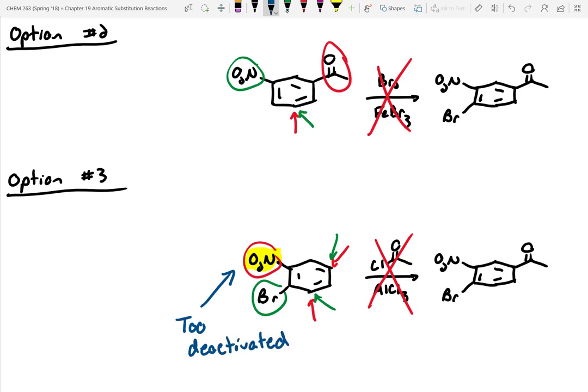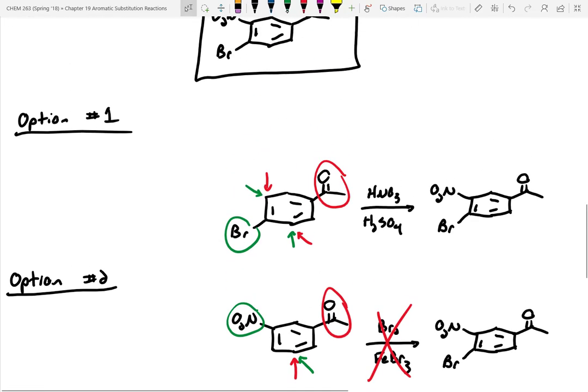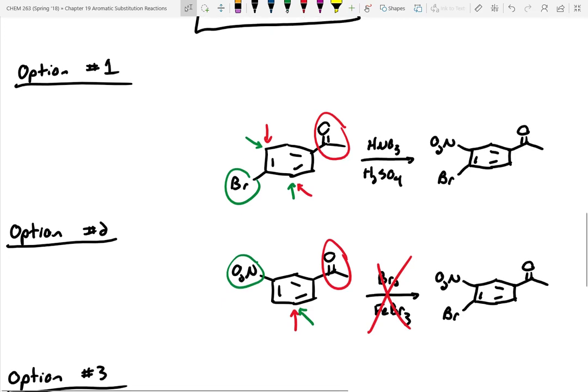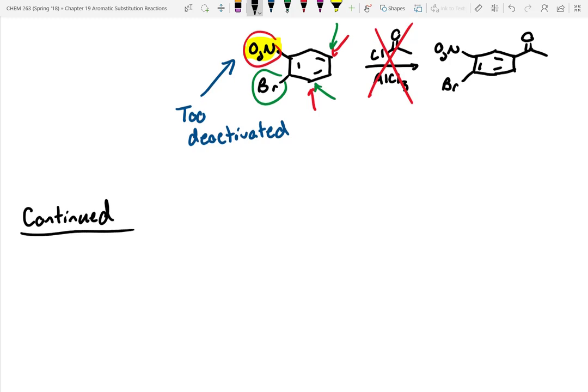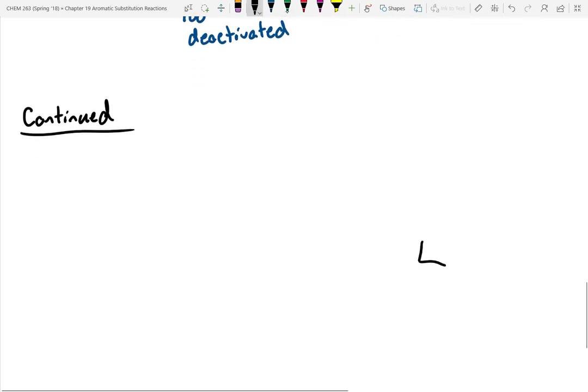All right, so it looks like we're on the right track. Now what we need to do is figure out, all right, we've got this compound. Let's work backwards and try to make para-bromoacetophenone. So I'll just do this again. So continued down here. We're going to try to make parabromoacetophenone.